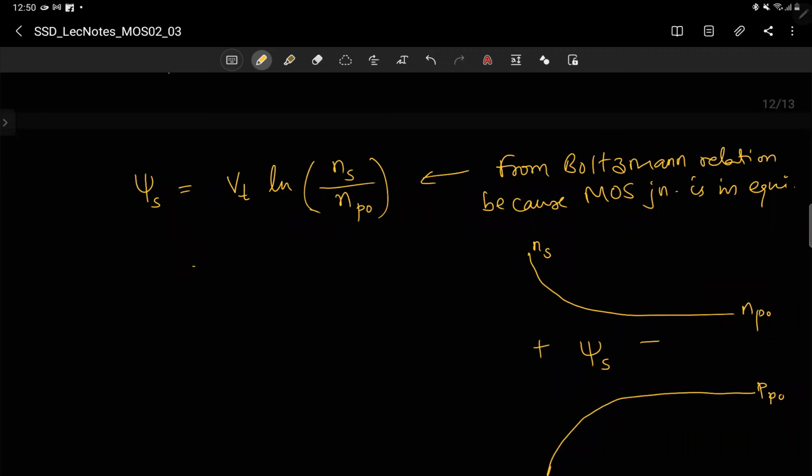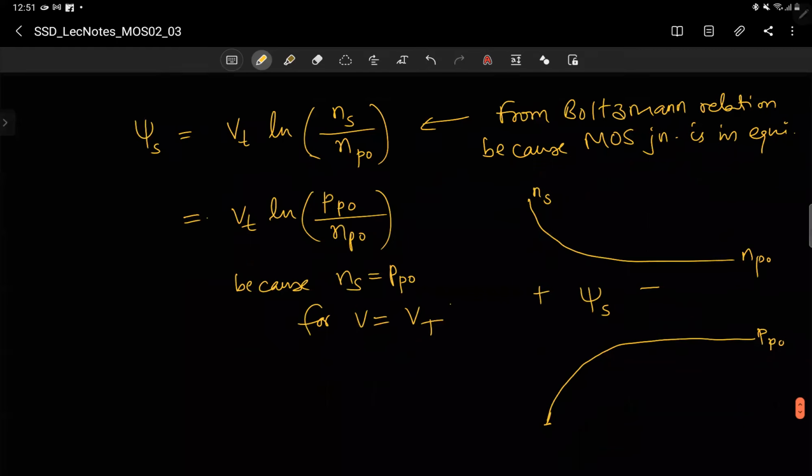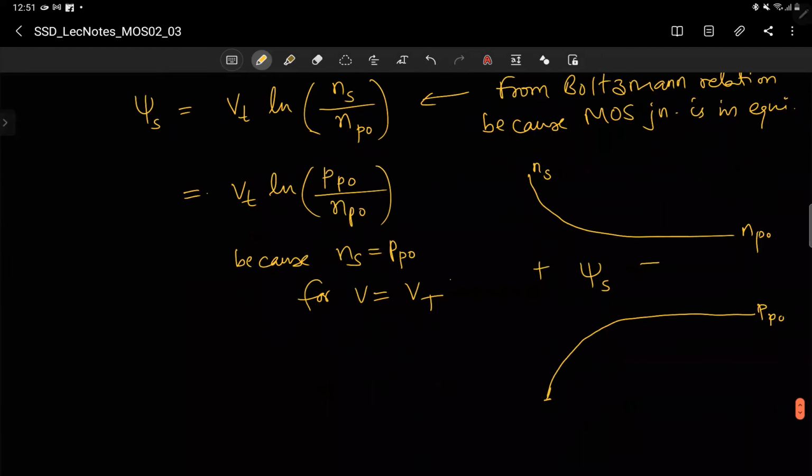So this is known. Okay, so this is equal to Vt ln Ns, which is what? Pp naught, because Ns equal to Pp naught for V equal to Vt. That is the definition. Now we have Np naught as Ni square by Pp naught.